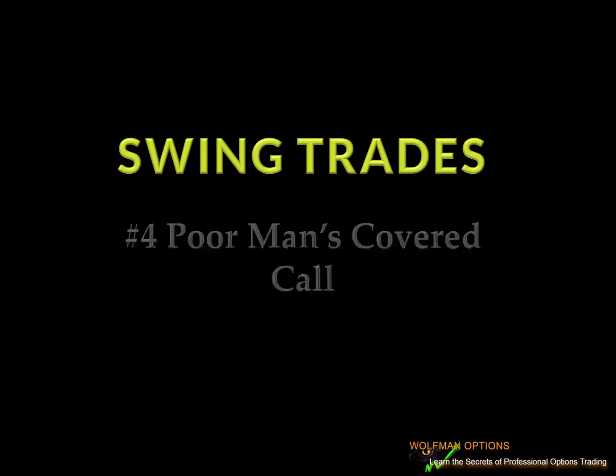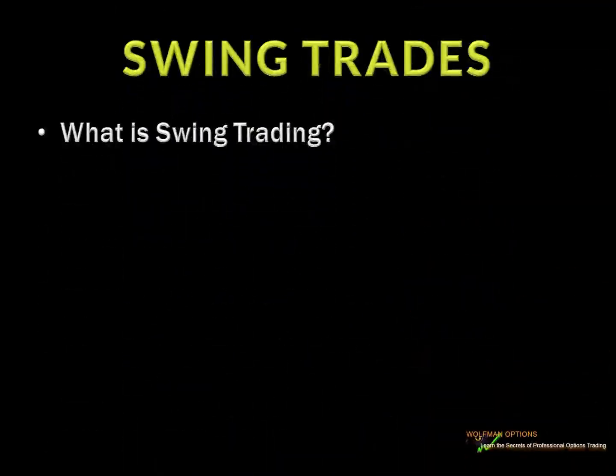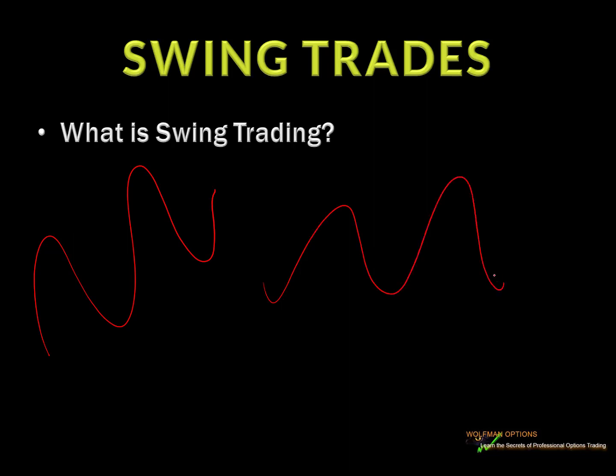All right, so let's first talk about swing trades though, and how we do a swing trade more specifically. And when we're looking at this, we first need to figure out what a swing trade is. Ultimately, if we're looking at something that goes like this, we're looking for what this underlying is doing.